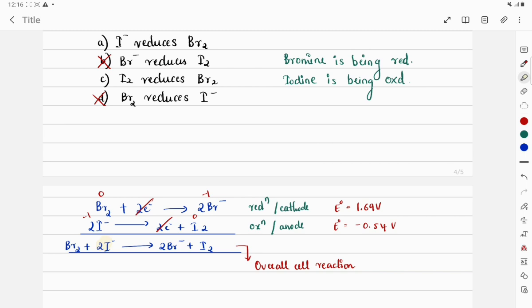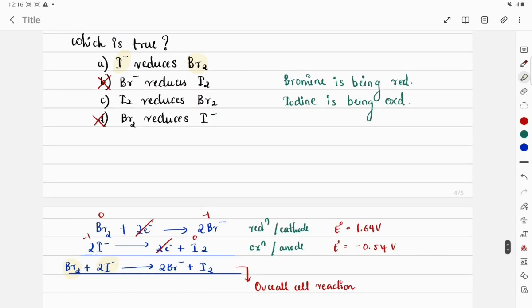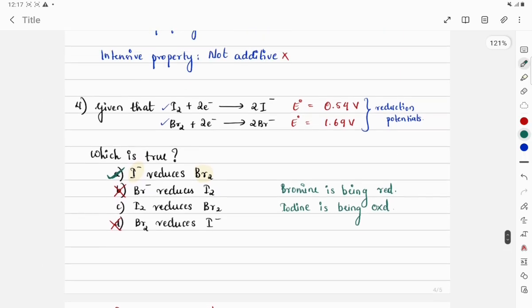That means I minus is reducing Br2, and not I2. I2 is on the product side. So what is the correct answer? It's clearly understood from the cell reaction that I minus is reducing Br2. So the correct option is A. Hope that's clear.